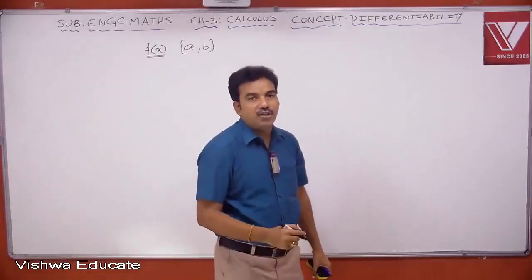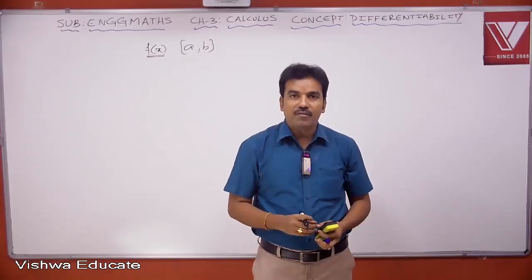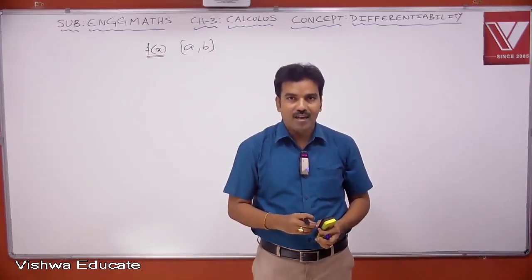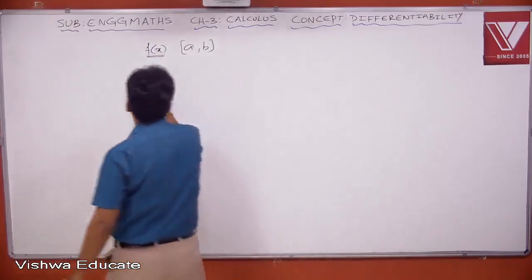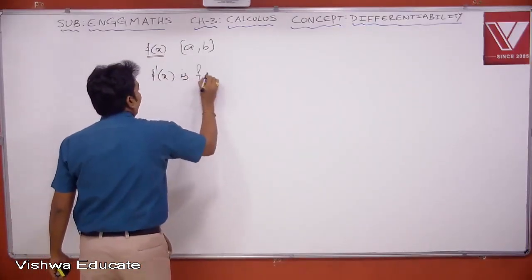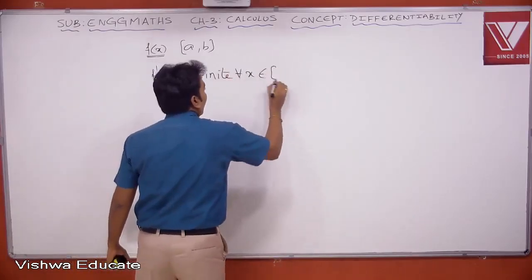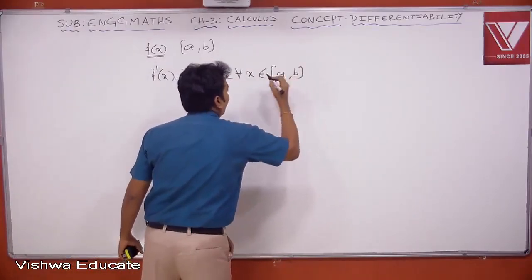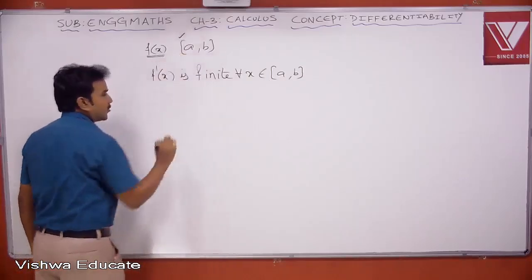If f of x is differentiable at all points of closed interval a comma b, then we say that f of x is differentiable in closed interval a comma b. What does it mean? F dash of x is finite for all x belonging to closed interval a comma b. So if this happens, then we say that f of x is differentiable in this interval.